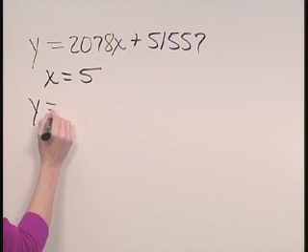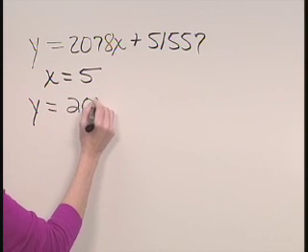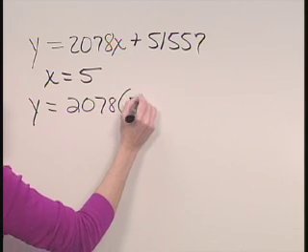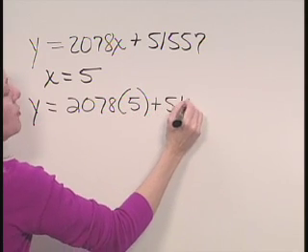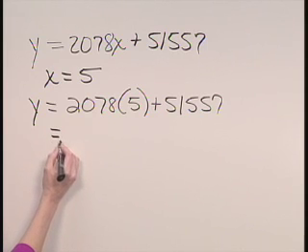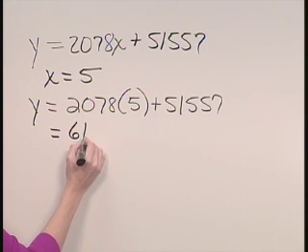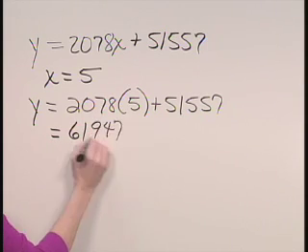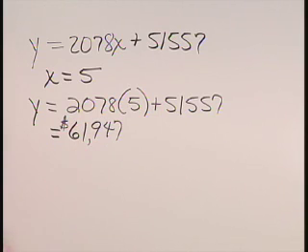So we'll plug 5 into our formula, 2,078 times 5 plus 51,557, which gives us a value of $61,947, which is slightly more than the actual amount.